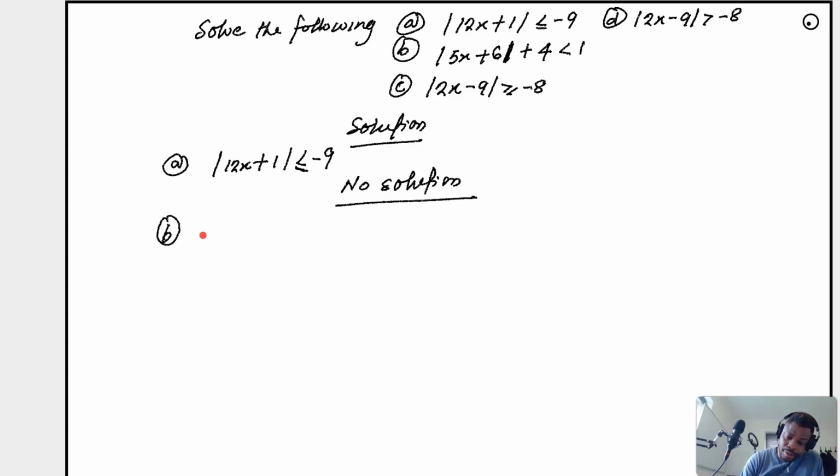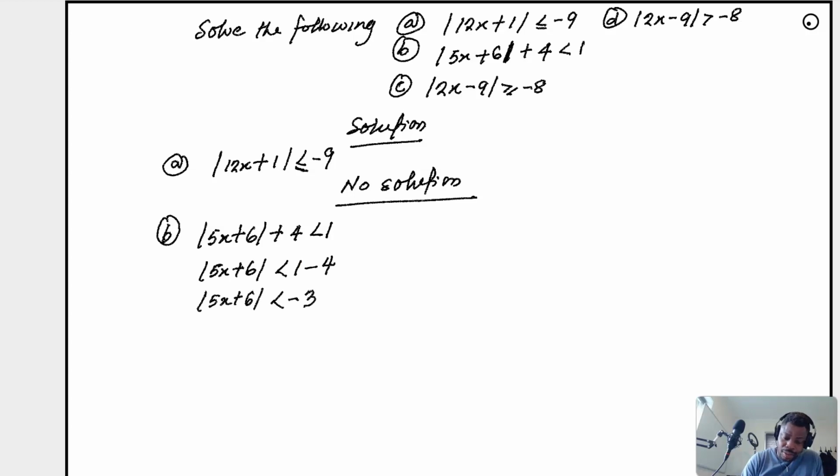Now, for B, the modulus of 5x plus 6, plus 4, less than 1. The modulus of 5x plus 6 is less than, I can take plus 4 to that side, so 1 minus 4. So the modulus of 5x plus 6 is less than minus 3.